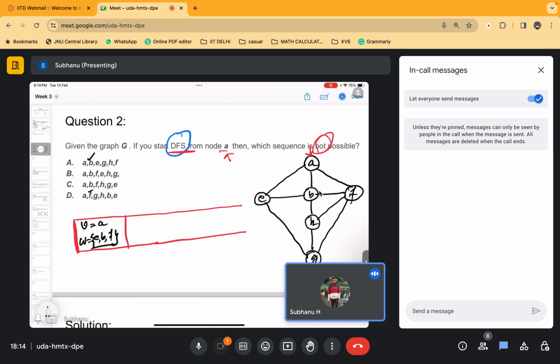In the neighborhood of A, we have B and F both. So first try to start with F.